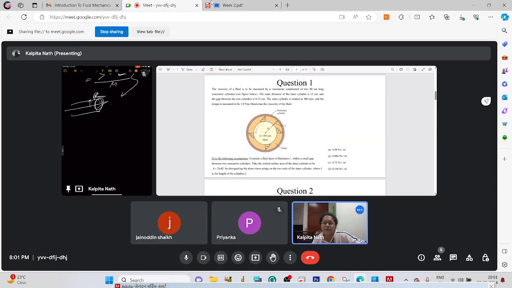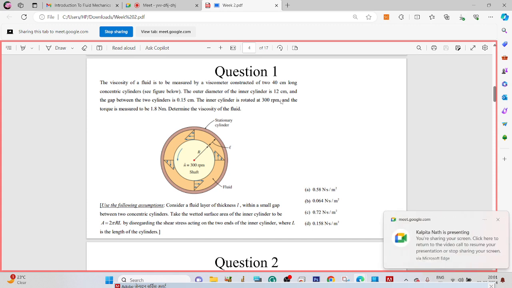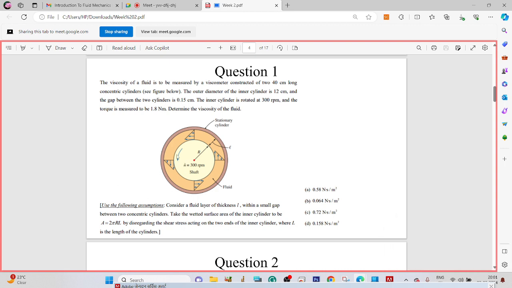Priyanka asked me one question: if one surface is stationary and another surface is moving with a velocity v, then what will be the velocity profile? Here also the velocity profile is the same.